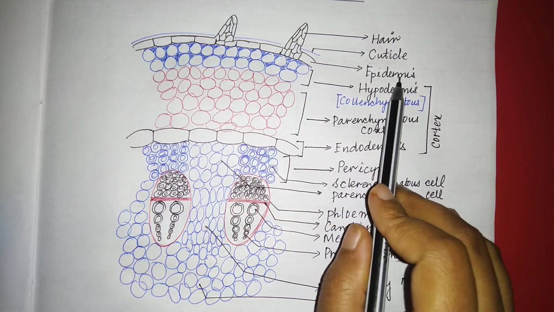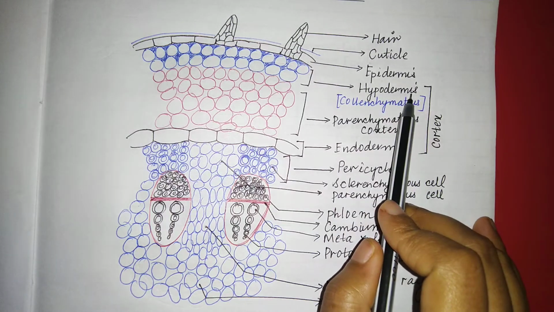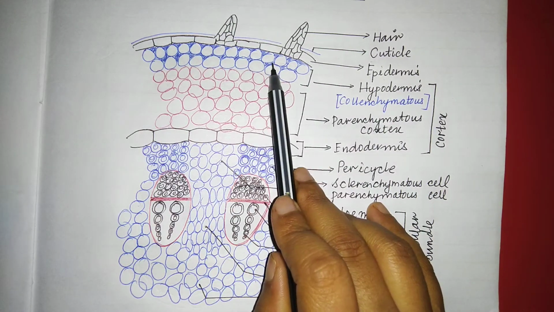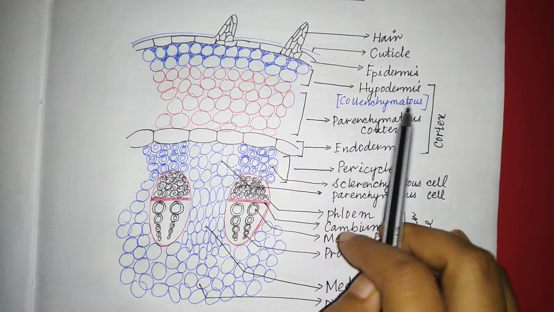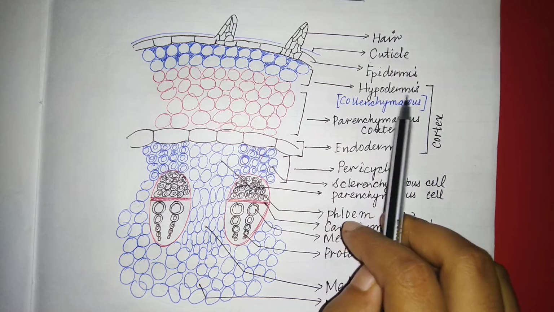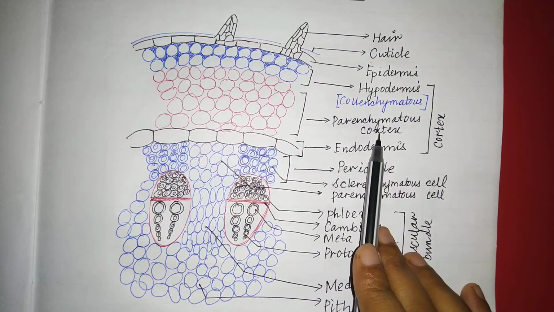Inner to the epidermis, hypodermis is present, and in the hypodermis there is no intercellular space, and the hypodermis cells are collenchymatous, and the hypodermis layer is 2 to 3 layers. Inner to the hypodermis, parenchymatous cortex is present.